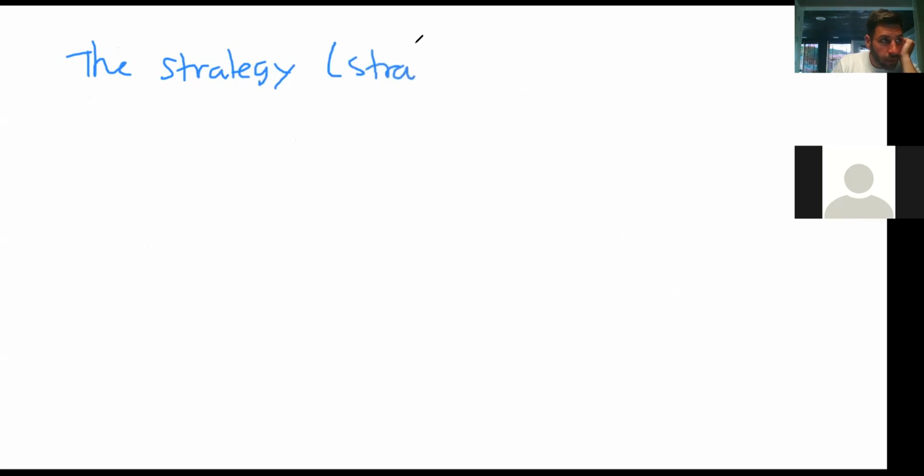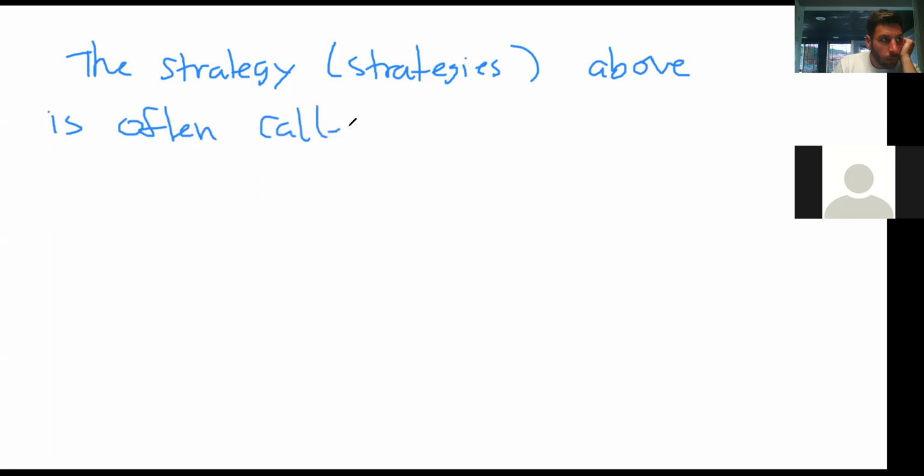So we often give this a name. The strategy, or I should say strategies, because you can think of it differently if you'd like, is often called volumes or volume by slicing.